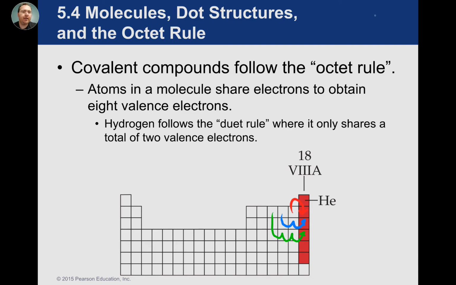And then carbon's going to have its work cut out for them, because carbons are going to have to go all the way back. So 1, 2, 3, and then share 4 times just to get back to that noble gas-like feeling of having 8 electrons. So just the position of the nonmetal can give you a great indication of how many electrons you're going to have to share in order to get to that magic number 8.